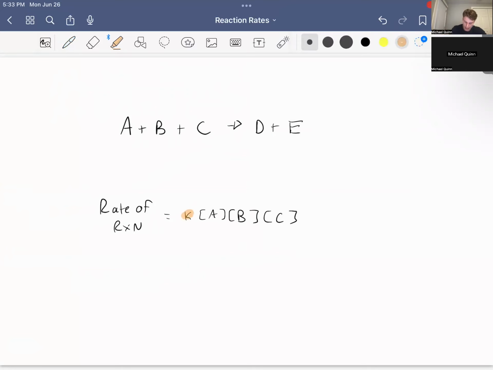Again, little k is our rate constant. It relates the concentration of our reactants to the rate of our reaction.